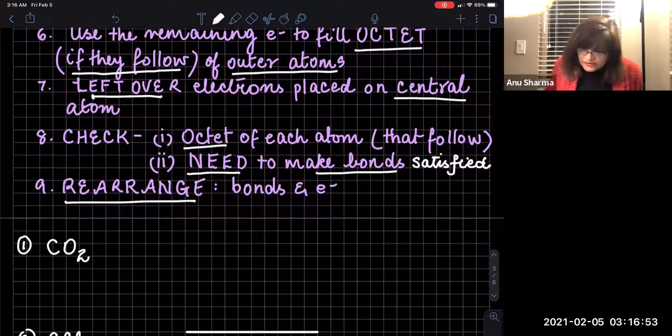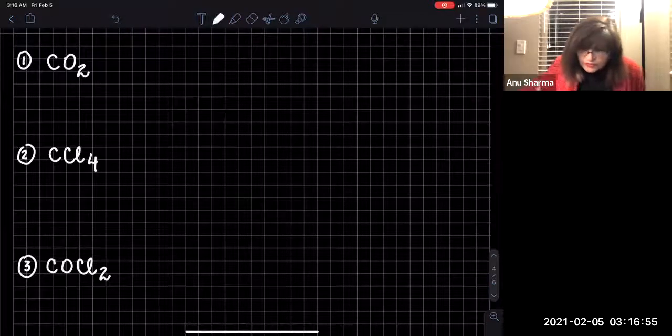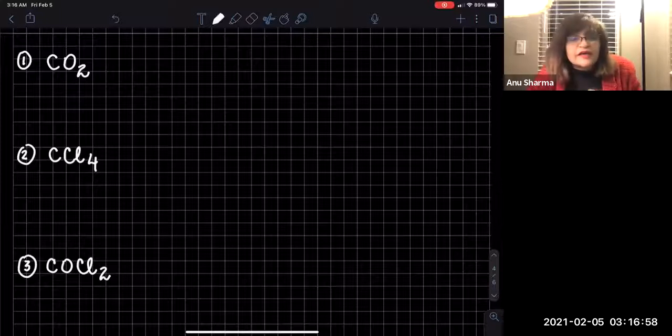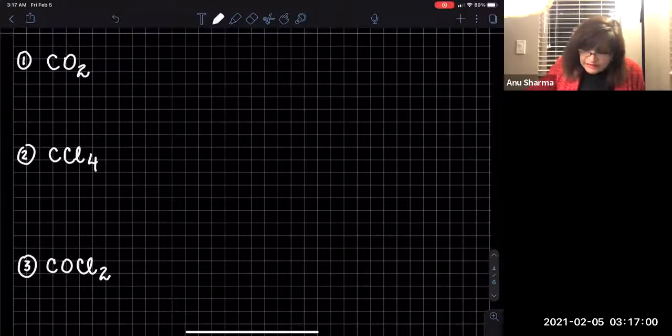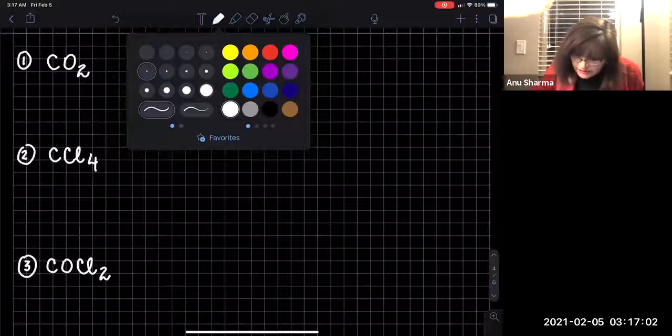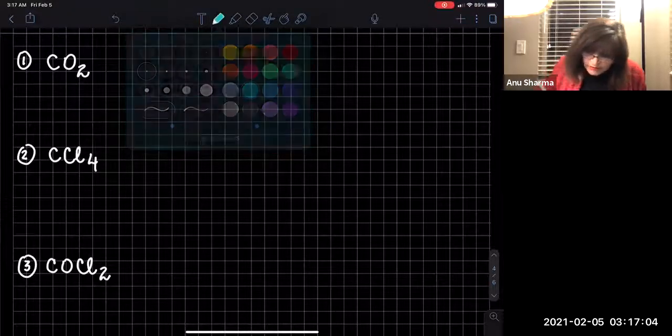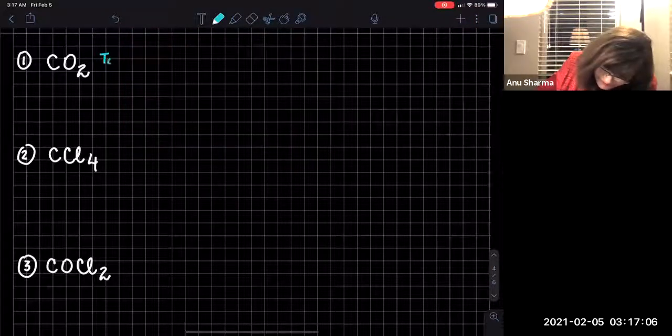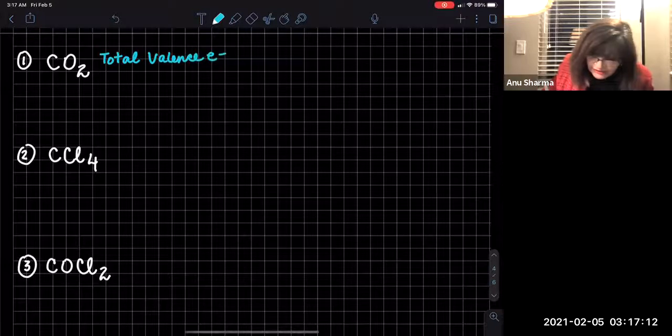Okay, so let's look at these examples here. The first example is carbon dioxide. Let's count the total number of valence electrons first of all. Let me use a blue color now. Total valence electrons, how do you calculate that?